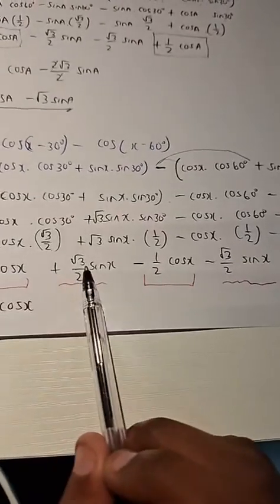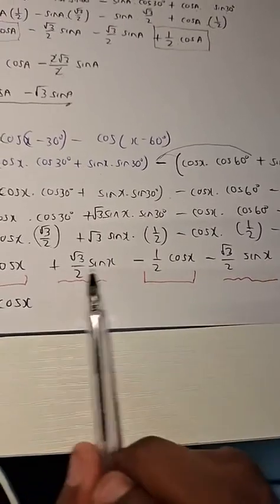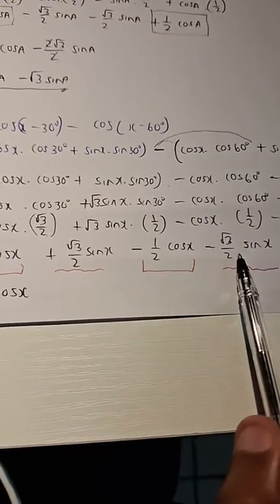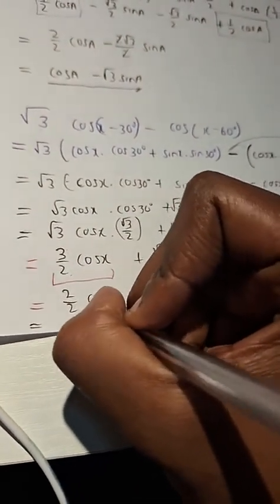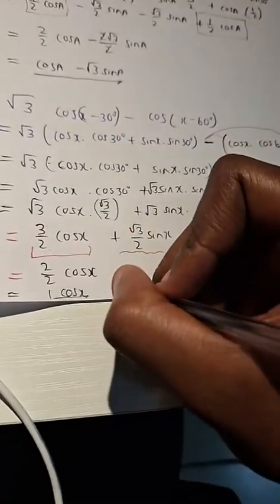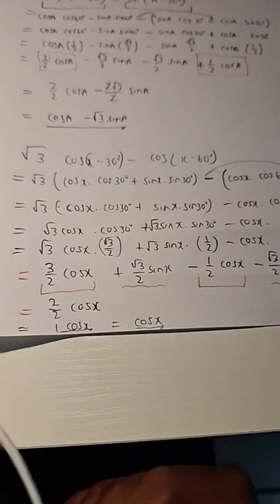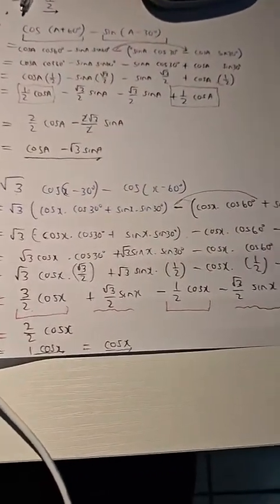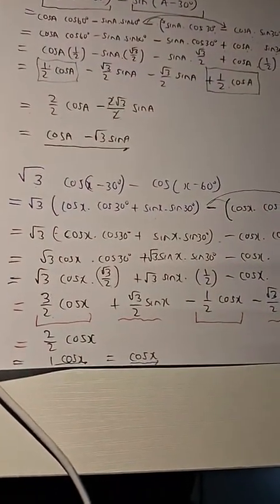And then look at this one. Root 3 over 2 sine x minus root 3 over 2 sine x. These two will give you 0. This minus that gives you 0. So therefore, I get 0. That means my answer is, obviously, 2 over 2 gives you 1. And that's 1 cos x, which is actually equal to cos of x.